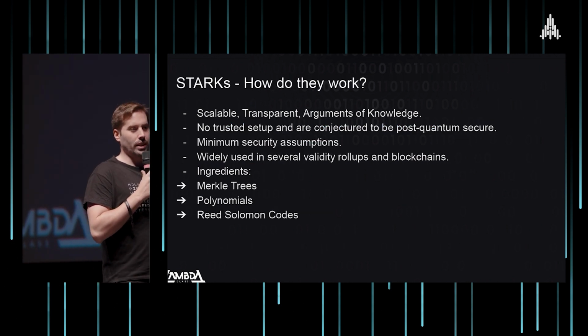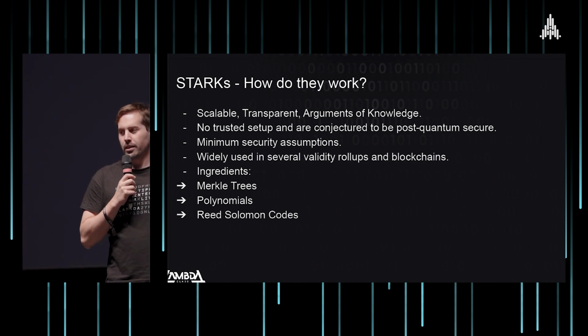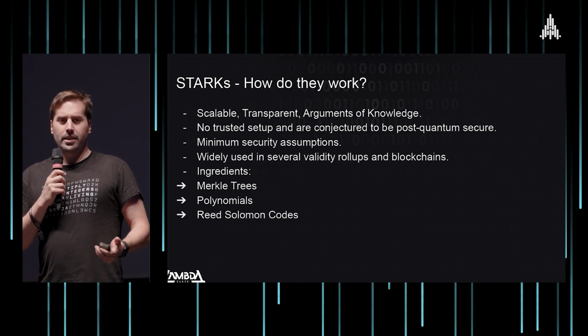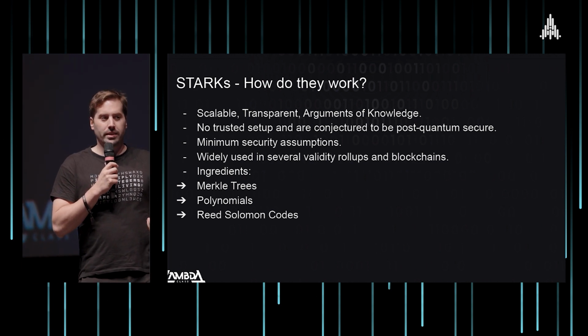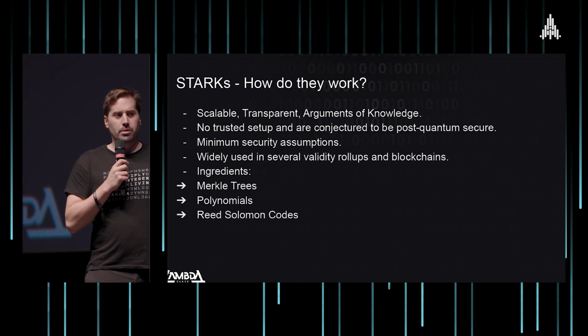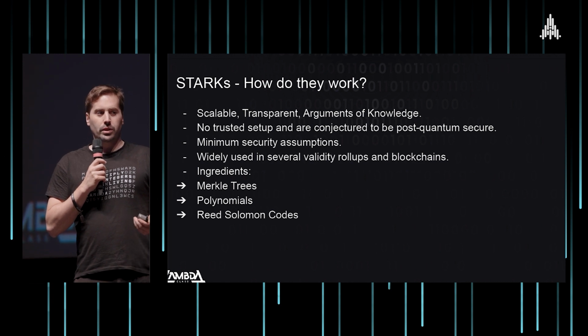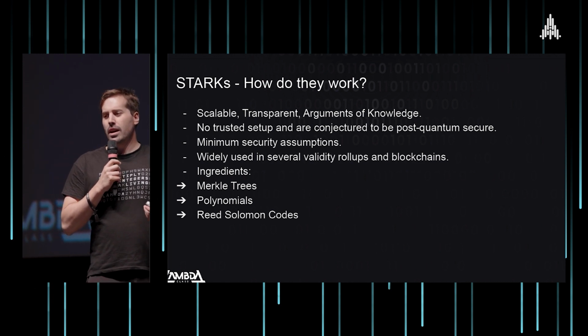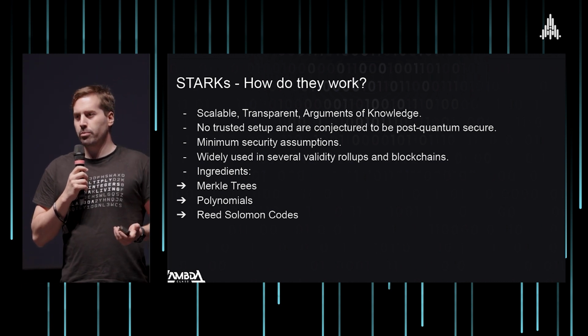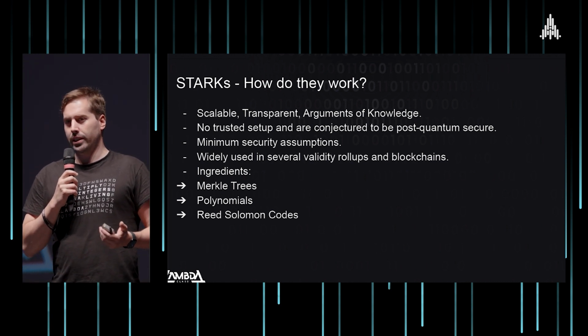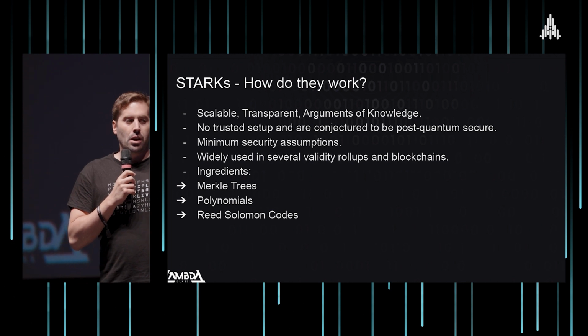Okay, so Starks, how do they work? First, STARK is an acronym for Scalable, Transparent Argument of Knowledge. This means that Starks don't need a trusted setup, and they are conjectured to be post-quantum secure because the security depends only on the hash function.